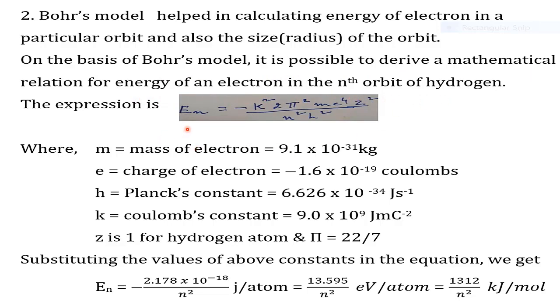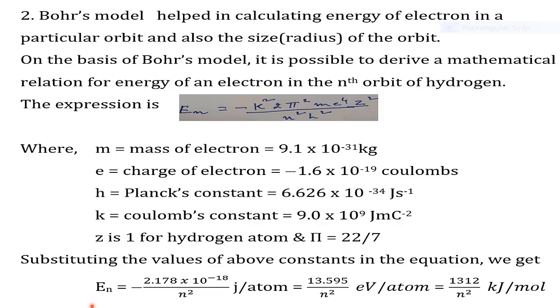The expression is En = −k² 2π² m e⁴ Z² / (n² h²), where m is the mass of the electron, 9.1 × 10⁻³¹ kilogram. e is the charge of the electron, −1.6 × 10⁻¹⁹ coulombs. h is Planck's constant, 6.626 × 10⁻³⁴ joule second. k is Coulomb's constant, and its value is 9.0 × 10⁹ joule meter coulomb⁻². Z, the atomic number, for hydrogen is 1, and π is the constant, 22/7.